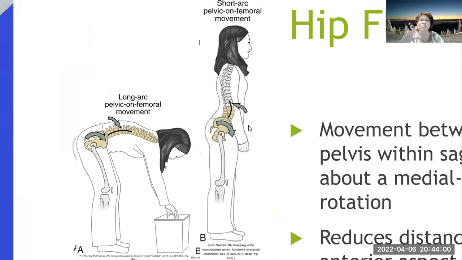When we move the anterior surface of the pelvis towards the anterior surface of the femur without displacing the trunk, we get that anterior pelvic tilt. This can be very important functionally or in a clinical setting.